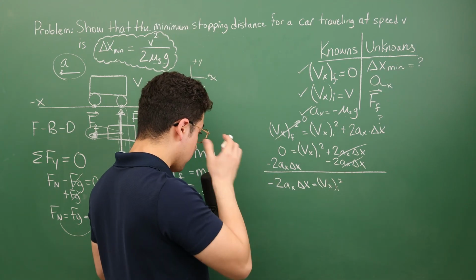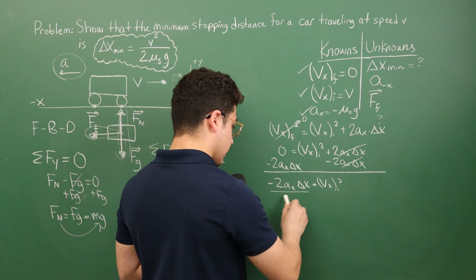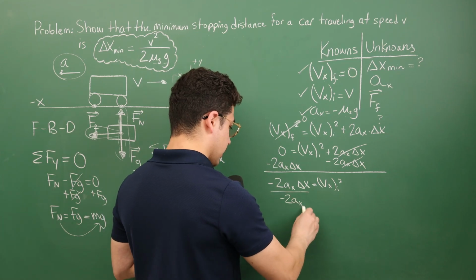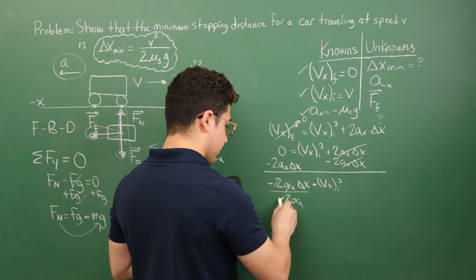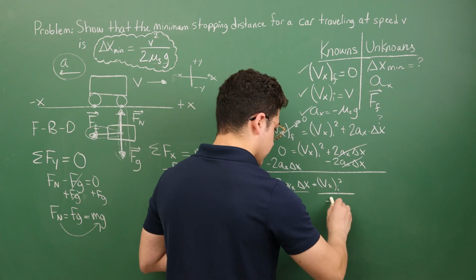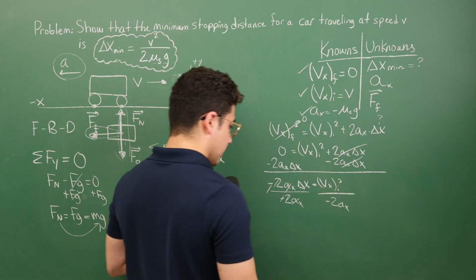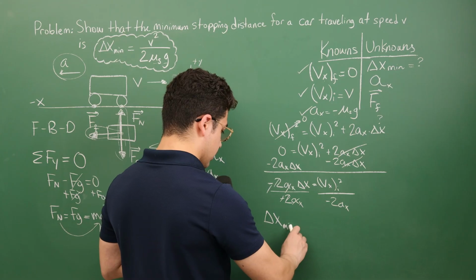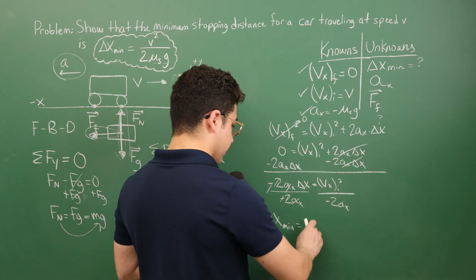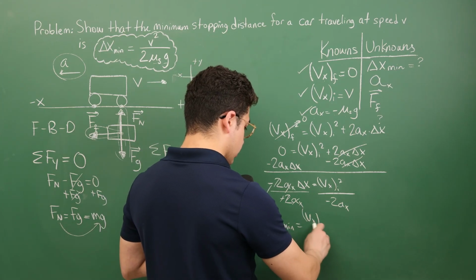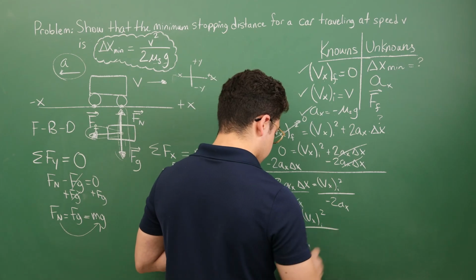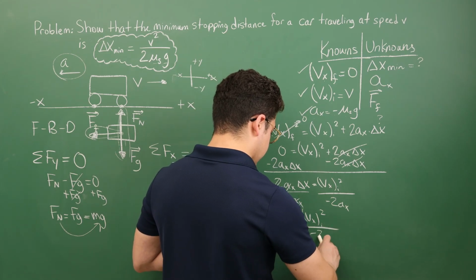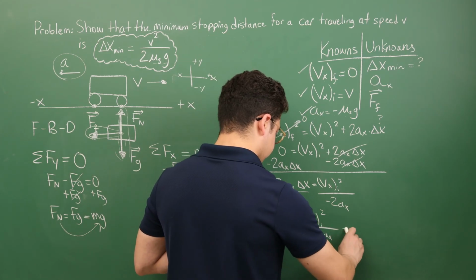And I'm lastly going to divide by minus 2ax. It's going to cancel these out. So my final expression for this delta x min is going to be the initial speed squared, divided by minus 2ax.